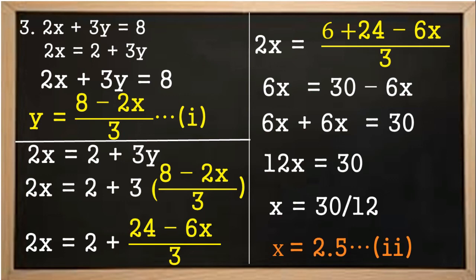This is step number 2. What did we do in step number 2, children? We considered the second equation, the value of y is substituted and the value of x is calculated. And the last step is to replace x in equation number 1.